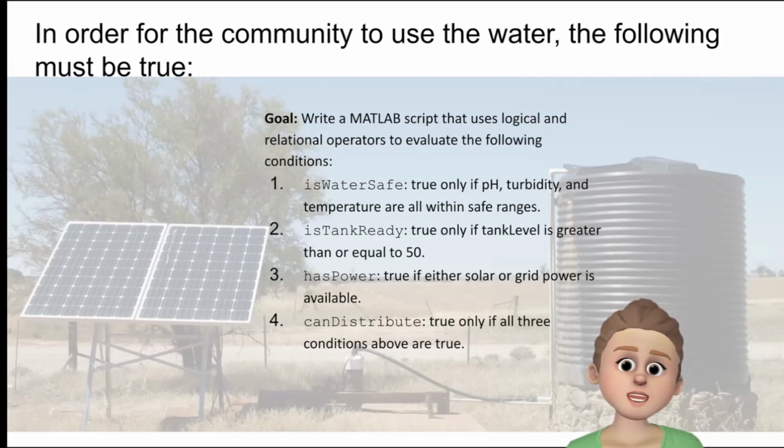Lastly, you will have a logical variable called has power that is true if either solar or grid power is available. Once you have all of those three logical variables, you will last check if you can distribute the water by seeing if is water safe, is tank ready, and has power are all true.